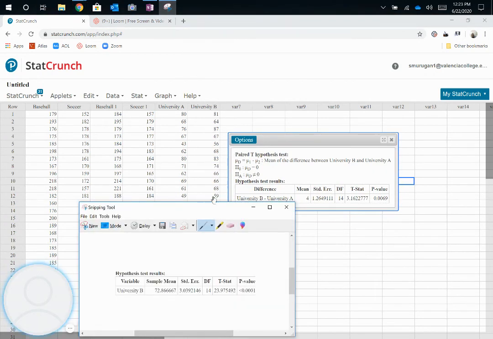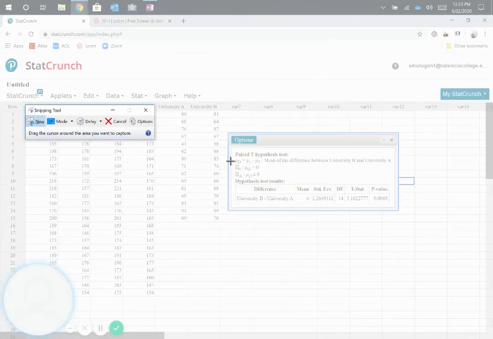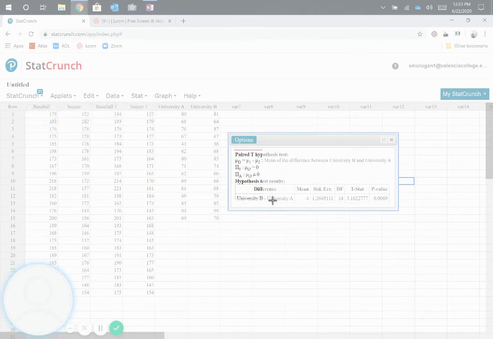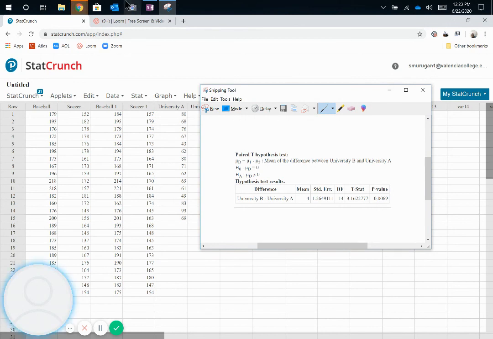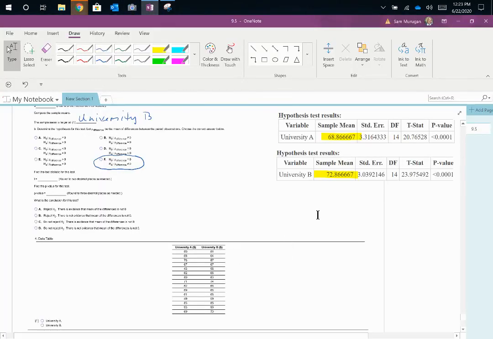Because in this case B is larger than A, I wanted to put University B minus University A in order to get a positive t-stat. I'm going to paste this over here and then drag it in.